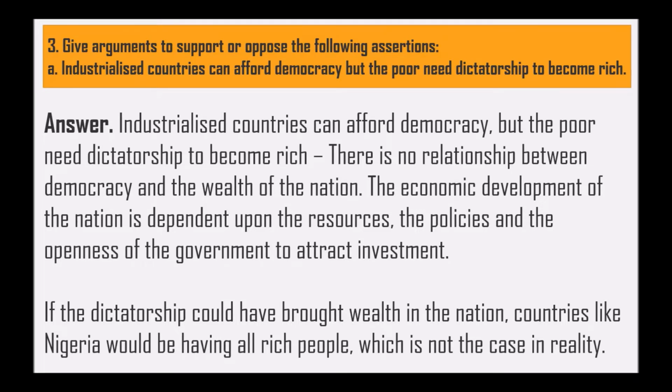There is no relationship between democracy and the wealth of the nation. The economic development of the nation is dependent upon the resources, the policies and the openness of the government to attract investment. If dictatorship could have brought wealth in a nation, countries like Nigeria would have all rich people, which is not the case in reality.